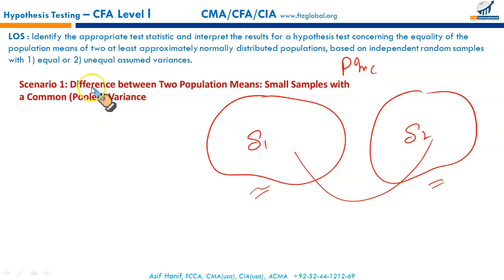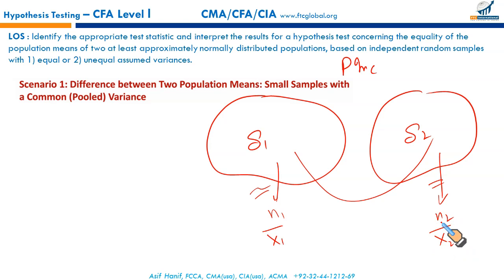So in scenario 1, the difference between two population means, small samples with a common pooled variance. Now let's say these are the two populations we are discussing. Let's say we select N1 samples from this population, that's the sample size for population 1, and N2 for the second population. These are the sample means of populations P1, P2.